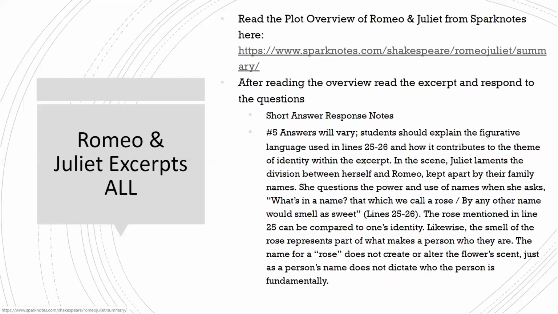Instead, after Romeo and Juliet marry in secret, Romeo is going to get into a fight with the cousin of Juliet, and because of this fight, Romeo is going to be exiled from town, meaning he's going to be kicked out of town and basically told that if he ever returns, he will be killed.